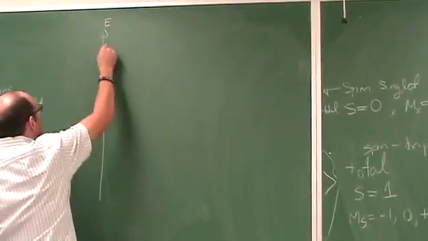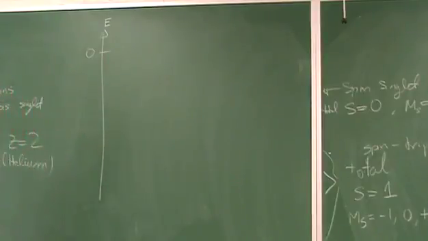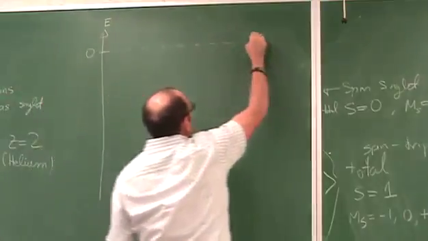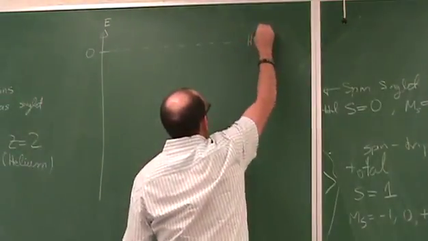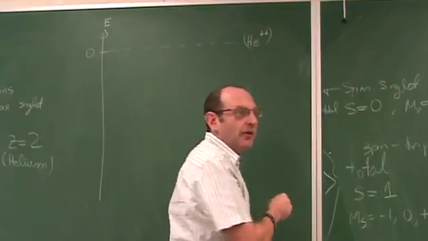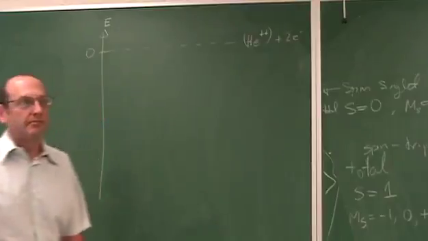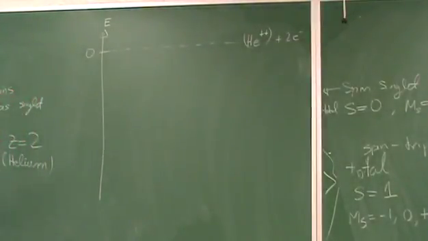So the 0, for the moment, although we'll change our picture in a moment, the 0 of energy here is the energy where I have both electrons knocked out. So I have a pure alpha particle plus 2 electrons at 0 energy, asymptotically far away.